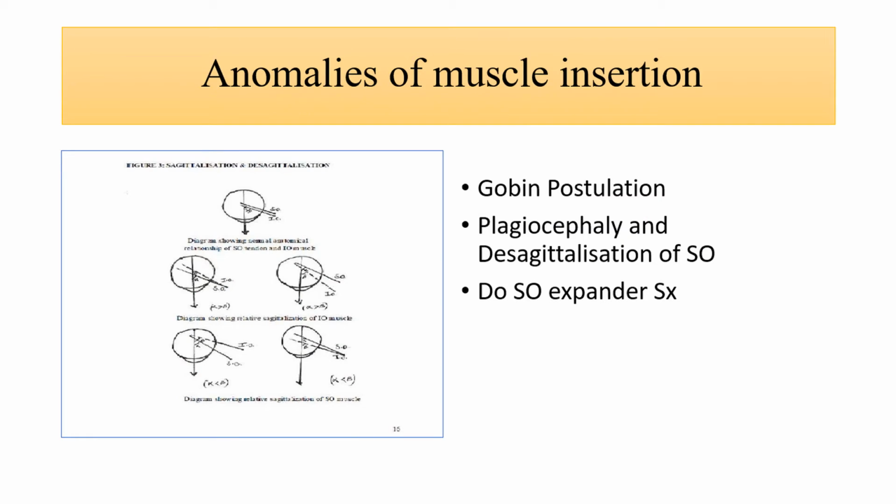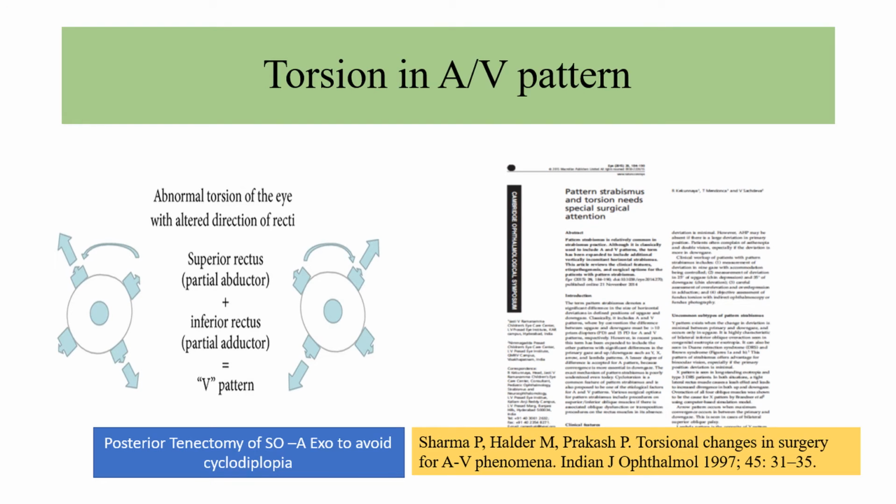Anomalies of muscle insertion are very important, and you should understand this in plagiocephaly, why the insertion of the superior oblique is abnormal, giving you a superior oblique overaction in those cases, and you can go in for a superior oblique expander. Take care of the torsion, which also results in A or V pattern, and it is better to do a posterior tenectomy of the superior oblique in exotropia to avoid the diplopia which will be associated.